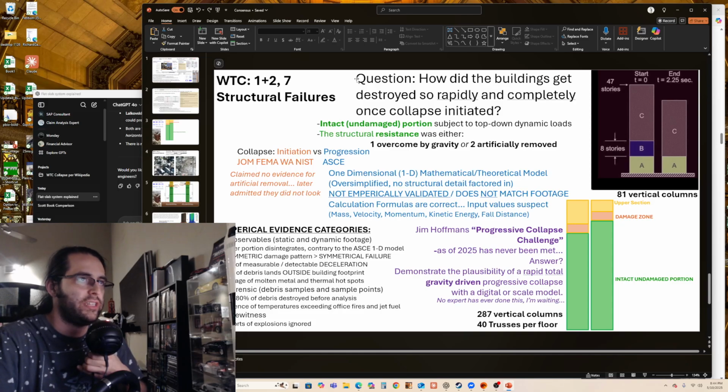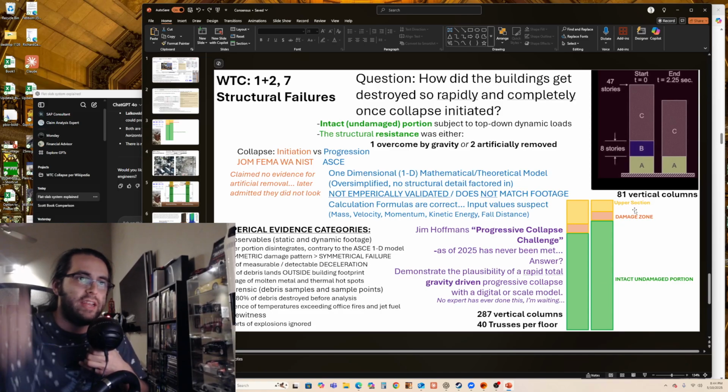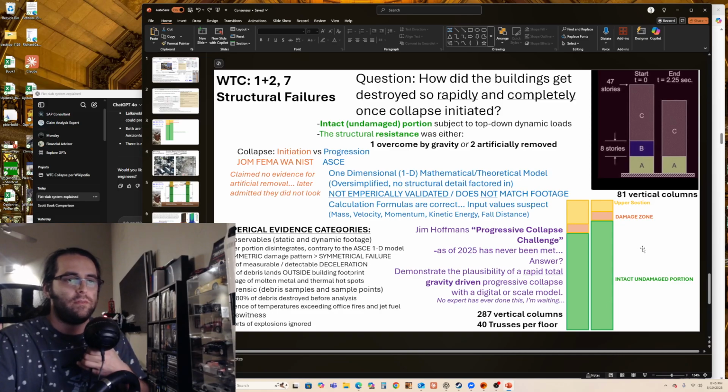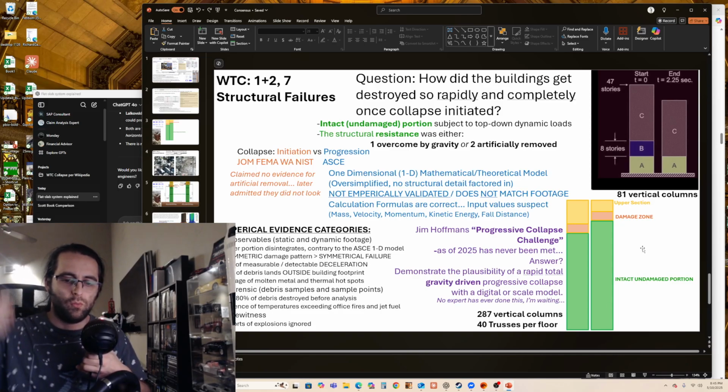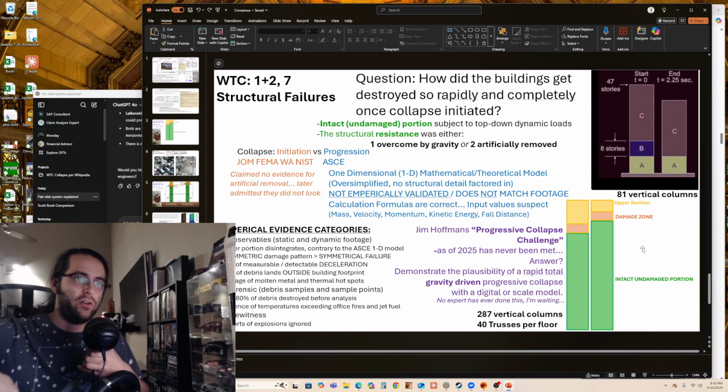So, question again, how did the buildings get destroyed so rapidly and completely once collapse initiated? There's an intact, undamaged portion that was subject to the top-down dynamic loads. Now, the structural resistance, resisting the top-down load, making it hard for that load to fall as quickly as gravity.